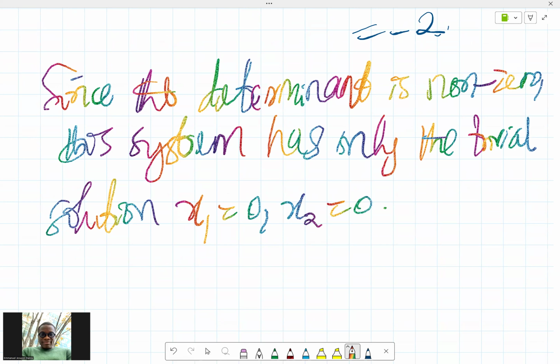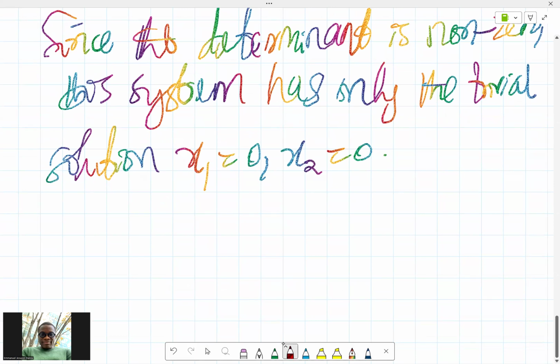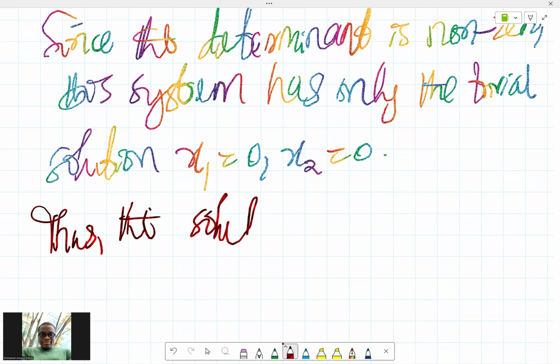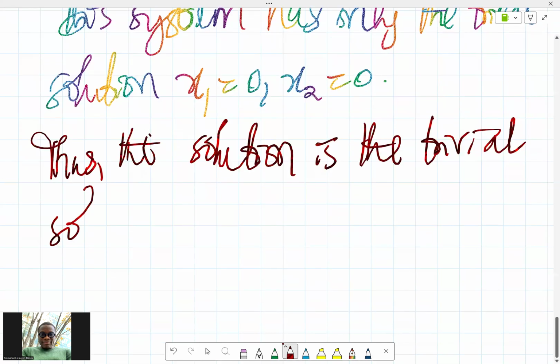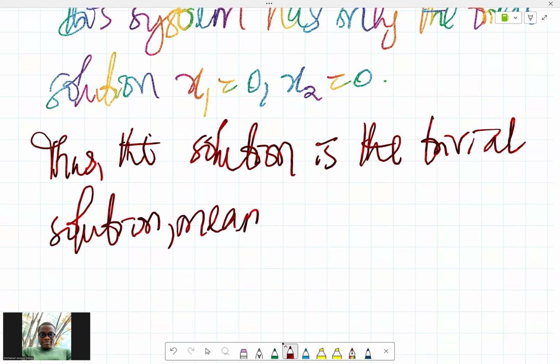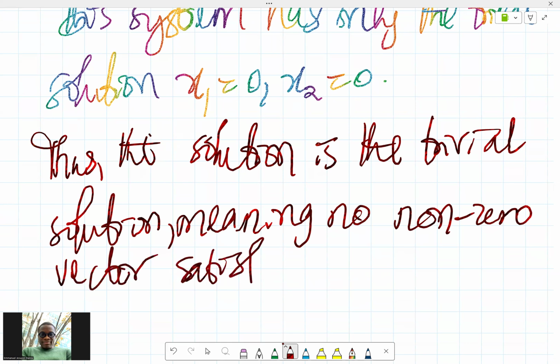If the determinant were 0, it would be something else, and that wouldn't be the only solution. So the solution is the trivial solution, meaning no non-zero vector satisfies this equation.